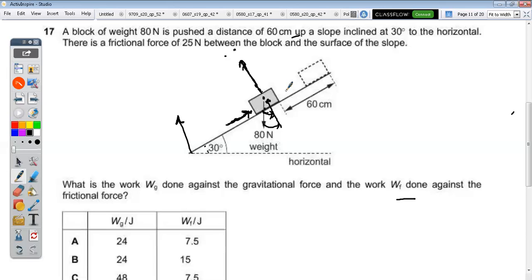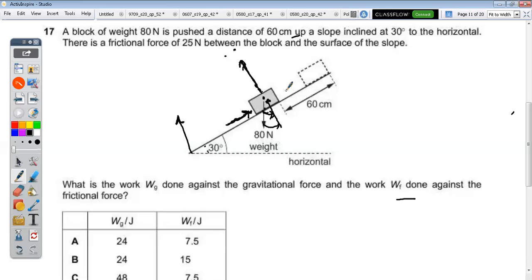Do we do F cos theta or F sine theta? That's what you need to figure out.